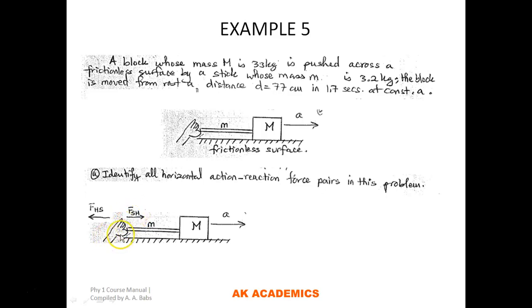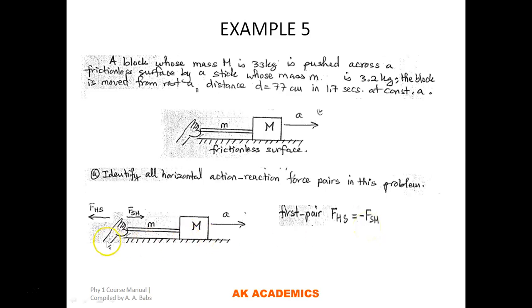The force the hand exerts on the stick is FSH, and the force the stick exerts back on the hand is FHS, in the opposite direction. This is a force pair, so our first pair is FHS equals minus FSH, which supports Newton's law of motion that to every action there is an equal and opposite reaction.